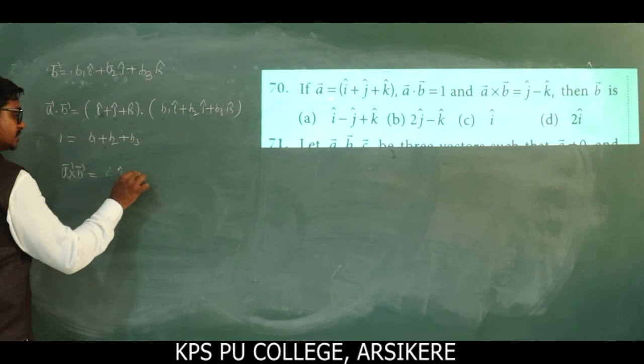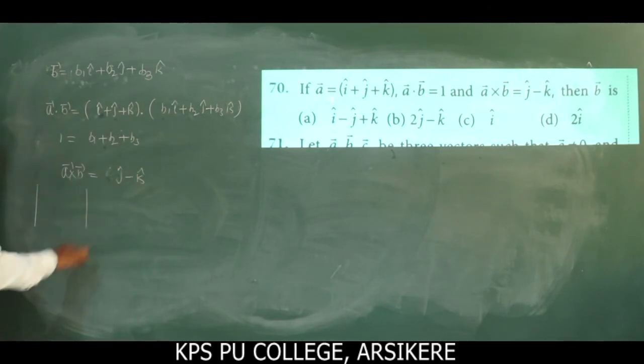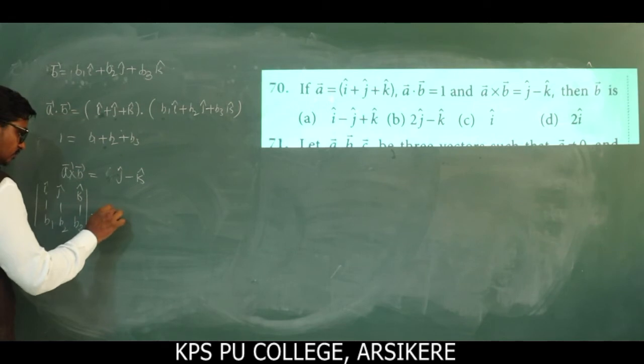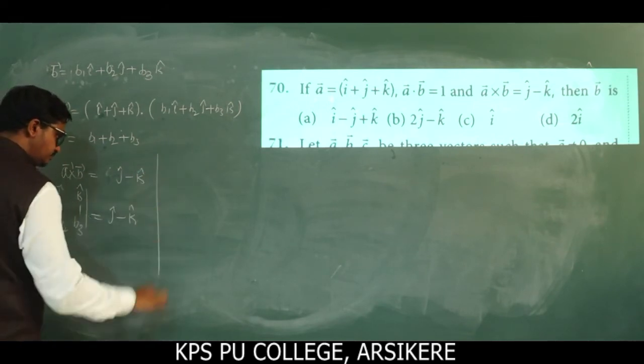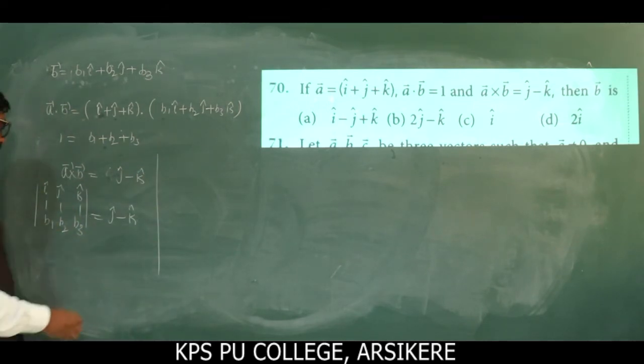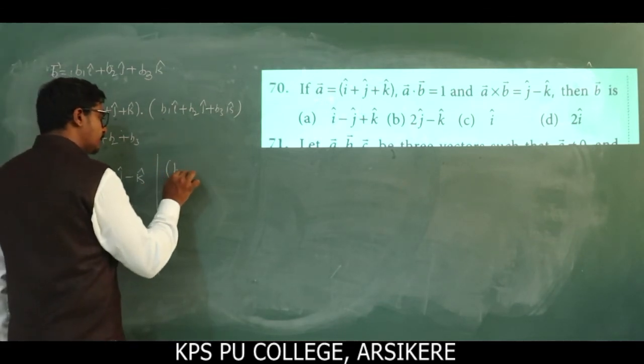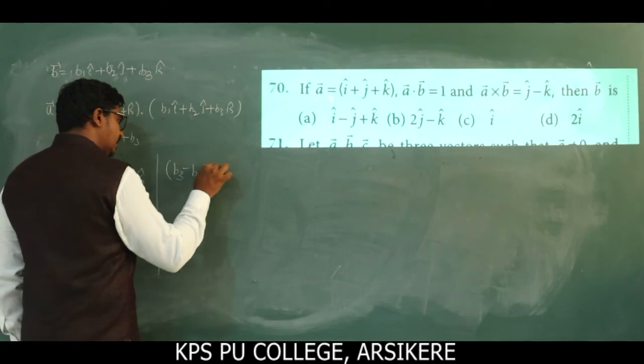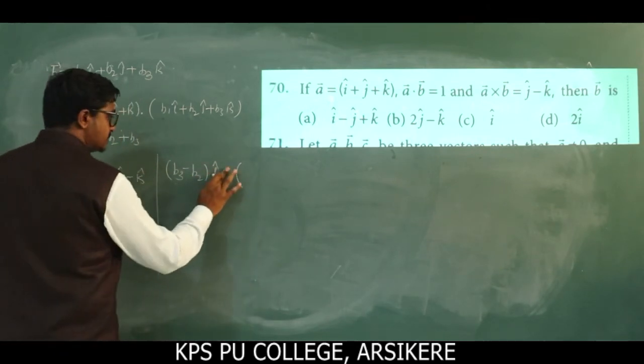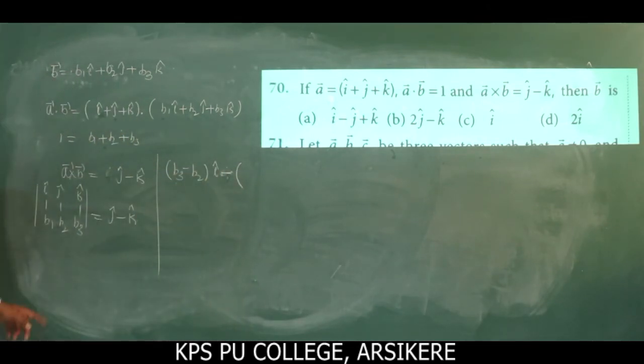j minus k is given. What does A cross B become? Find A cross B here. This is i, j, k; A here is 1, 1, 1; this is B1, B2, B3, is equal to j minus k. Expand the terms. First one, 1 into B3 is B3 minus B2 into i cap, plus, the second one is followed by a negative sign, minus for j.